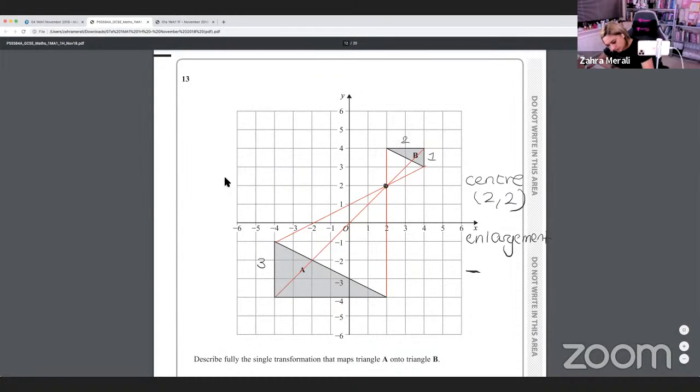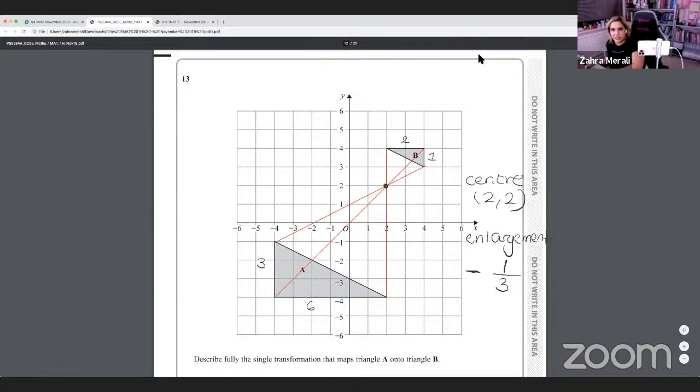This side is 2. This side is 6. Okay, so it's definitely reduced by 3. So I put the 3 on the bottom and it's a minus a third. So when it flips, you do a minus sign. Whenever you have a transformation, you need 3 things. You need the type, the center, and then by how much it's moved.